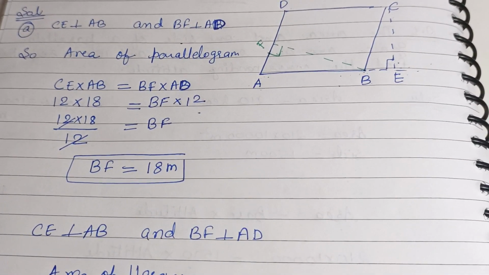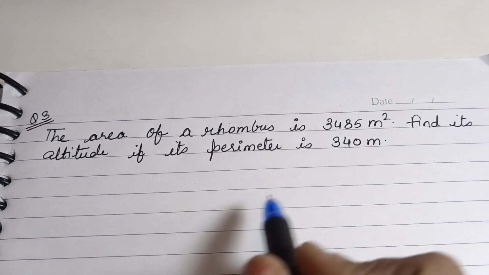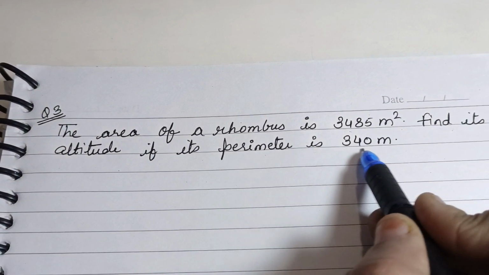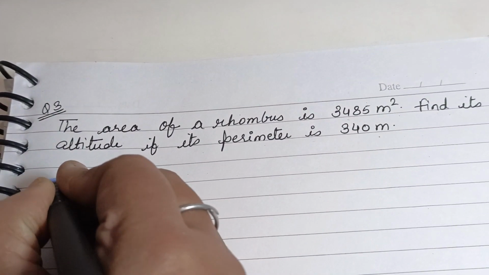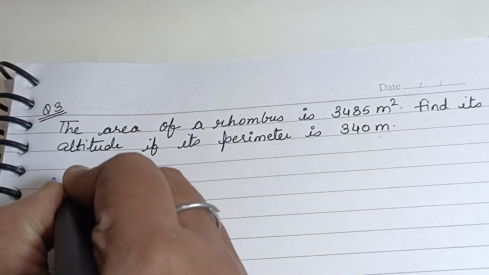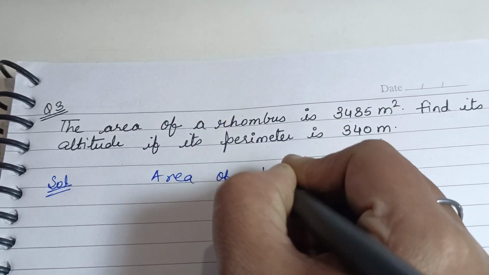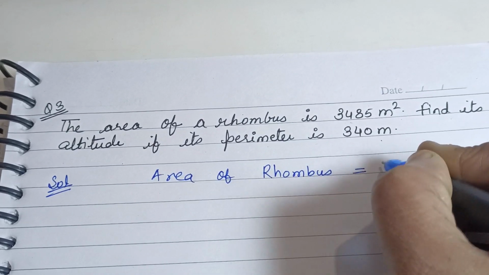Now we are moving to the next question. The question says the area of rhombus is this. Find its altitude if its perimeter is this. Right? So what is given to you? The very first thing given to you is area of rhombus. Okay. Now here they have used the word rhombus.